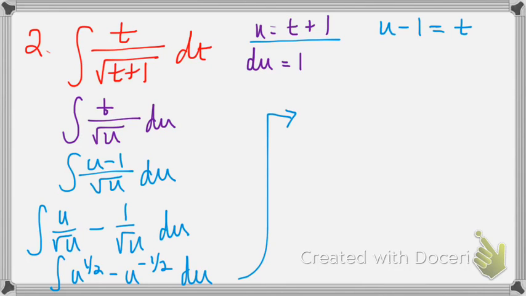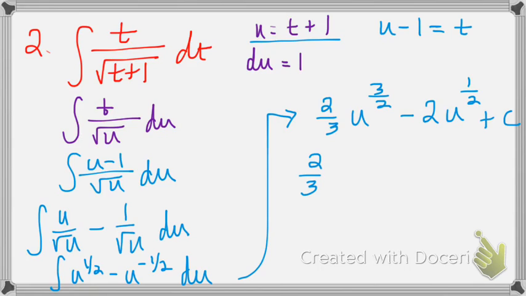The antiderivative of u to the 1 half, you add 1, so that's 3 halves, so that would be 2/3 u to the 3 halves. Minus, add 1 to the negative 1/2, that would be 1/2, and flip it, so that would be 2. And then plus c. And then substitute back in what u was.